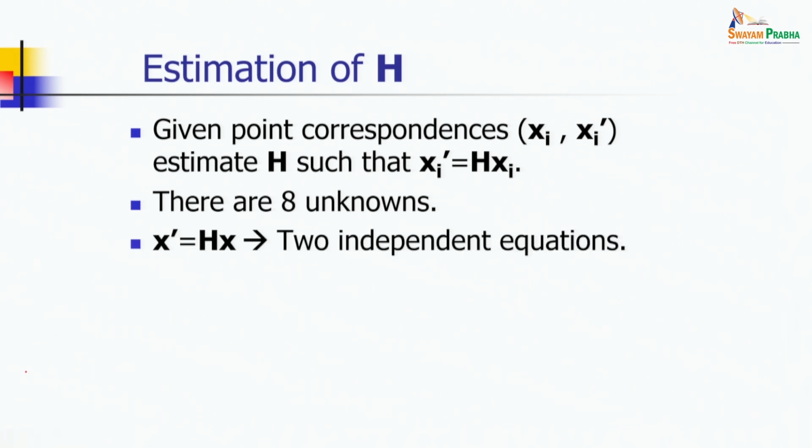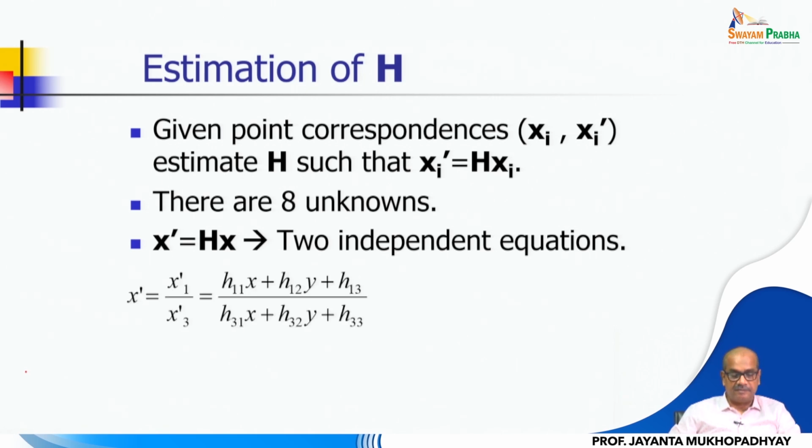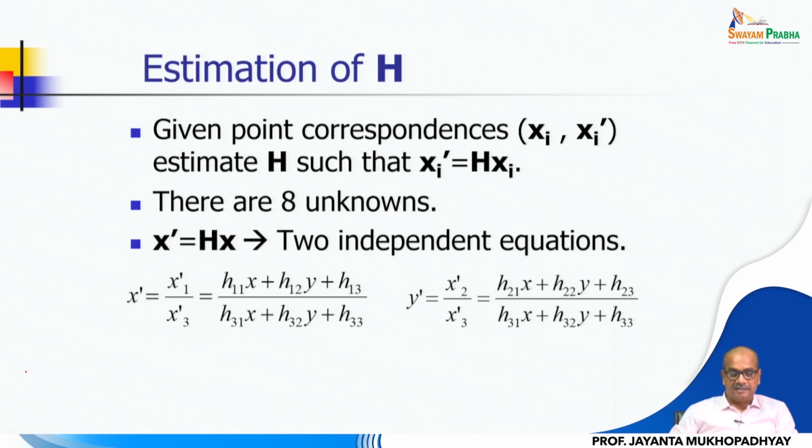Since there are 8 unknowns, as I mentioned, x prime equals Hx provides you 2 independent equations. So these are the equations. Instead of hard equality of homogeneous coordinates, I considered hard equality of the non-homogeneous coordinates, where x prime is x1 prime, x2 prime, x3 prime.